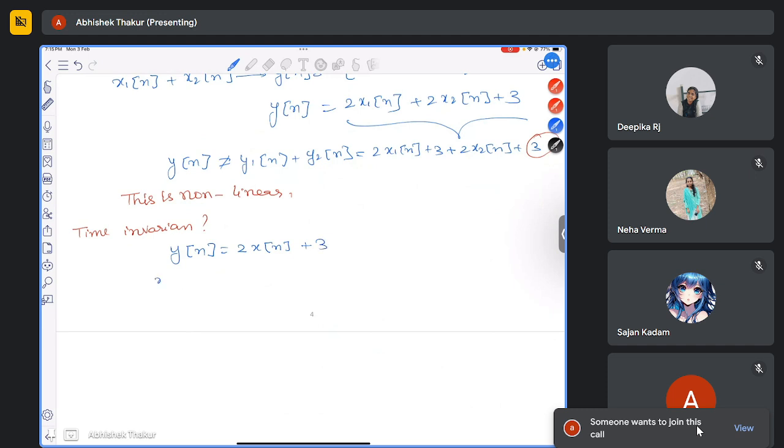Now when the input is x of n minus n naught, what will the output be? y of n minus n naught is equal to 2 x of n minus n naught plus 3, as we are just putting this n value as n minus n naught.